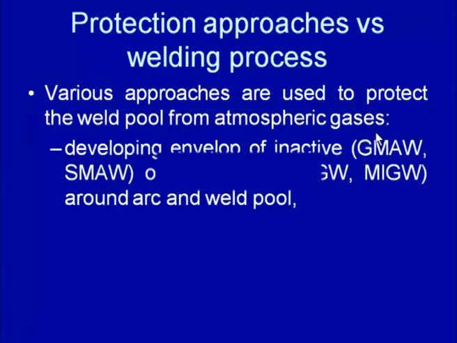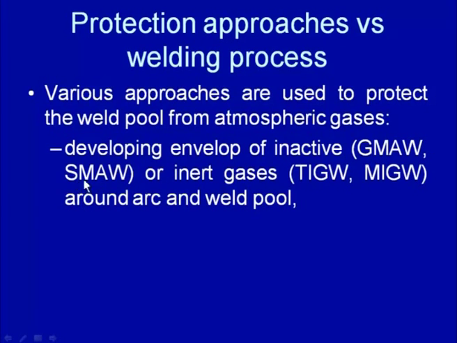There are three main approaches for protecting the weld pool from atmospheric contamination. One is developing an envelope or shield of inactive gases. Inactive gases include carbon dioxide or a mixture of argon and carbon dioxide in different proportions, and this shielding is mainly used in welding processes like gas metal arc welding or shielded metal arc welding.